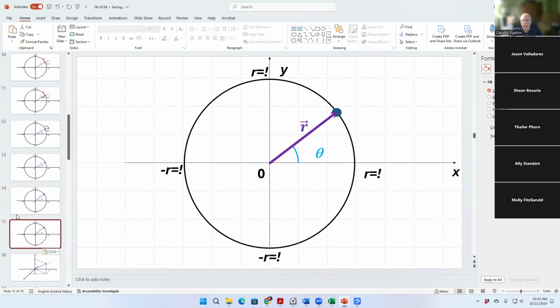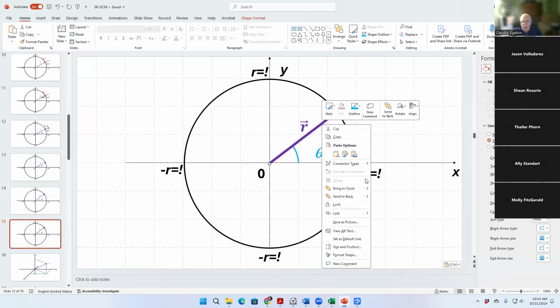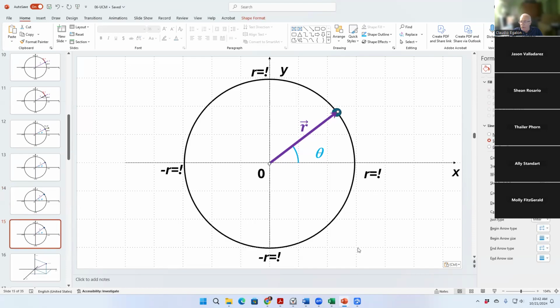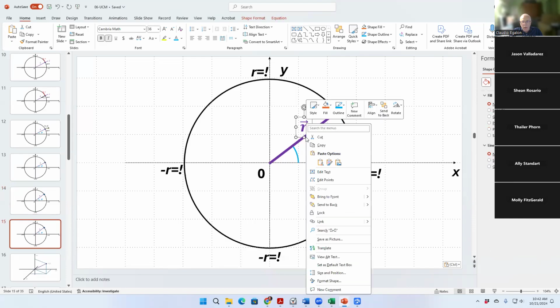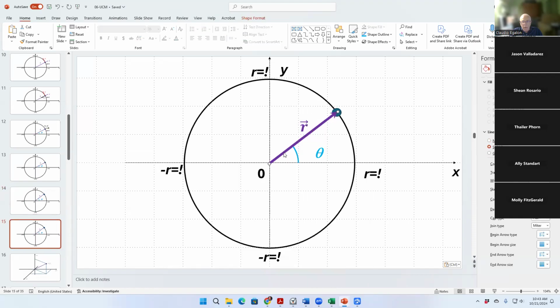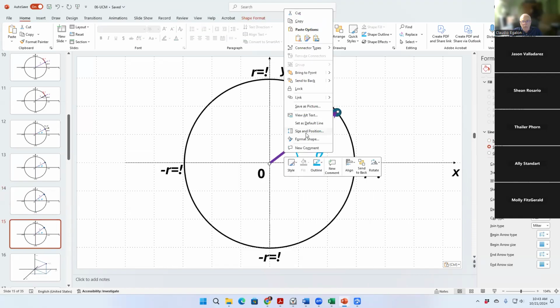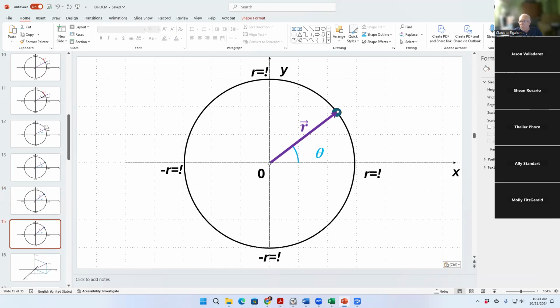In the next one, notice that I'm just changing the angle of this vector. I'm going to go 10 by 10 degrees. Format, size, and position. Every 10 degrees. 10 degrees, 20 degrees now.